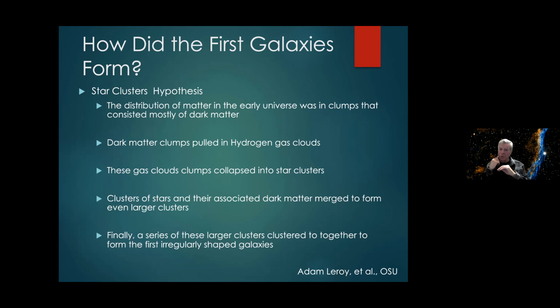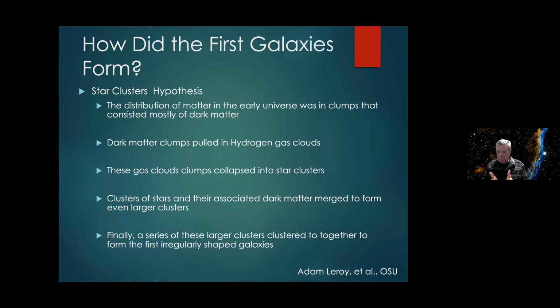Basically, it starts with that same premise that we saw with the cosmic microwave background, that the distribution of matter in the early universe was in clumps that consisted mostly of dark matter. These dark matter clumps pulled in hydrogen gas clouds. And then these gas cloud clumps collapsed into actual star clusters.